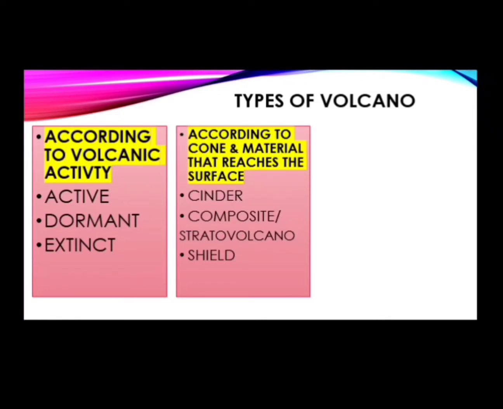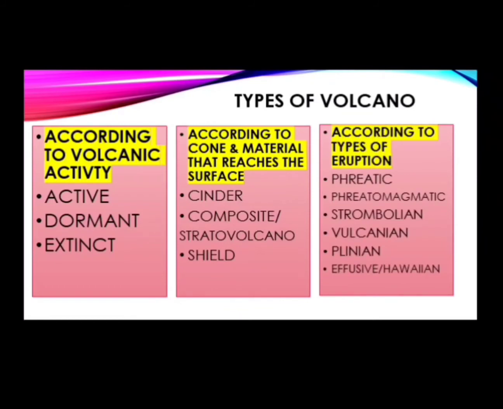It can be a cinder, composite or stratovolcano, or shield volcano. And lastly, we can classify volcano according to types of eruption. It can be phreatic, phreatomagmatic, strombolian, volcanian, plinian, or Hawaiian.